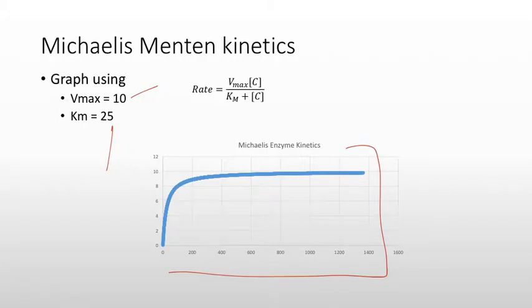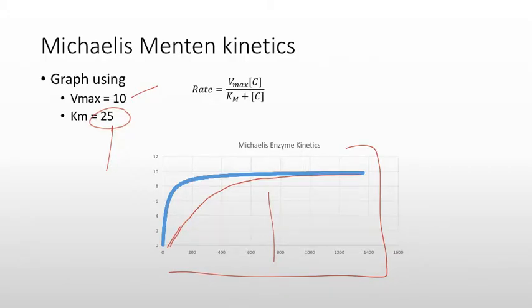Now let me point out really quick that I could change the Km and leave the Vmax at 10. Let's say I increased it to maybe like 200. That would change the graph to look like that. So it will still reach the maximum velocity, but it won't get there until a much later concentration.